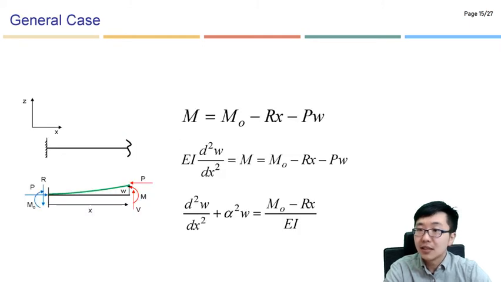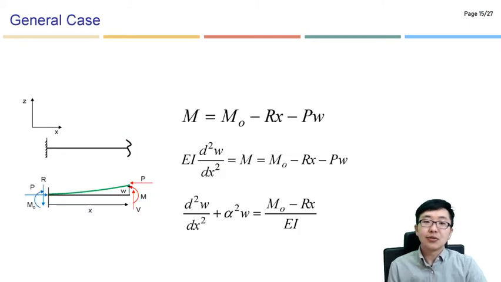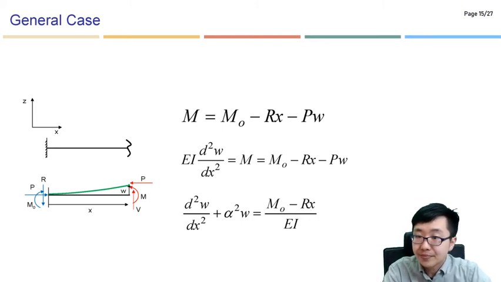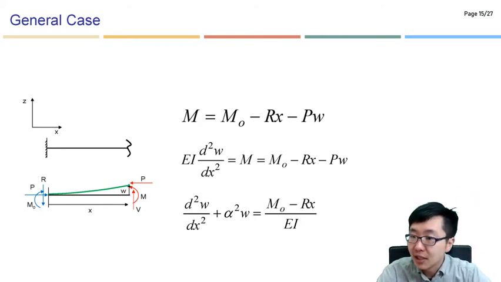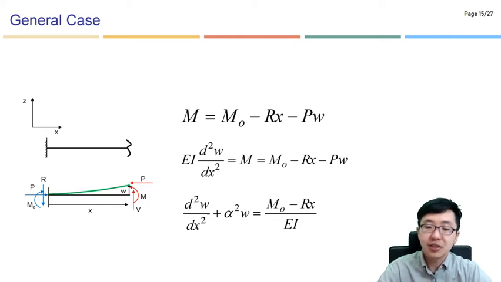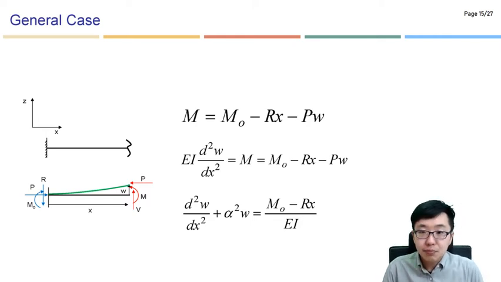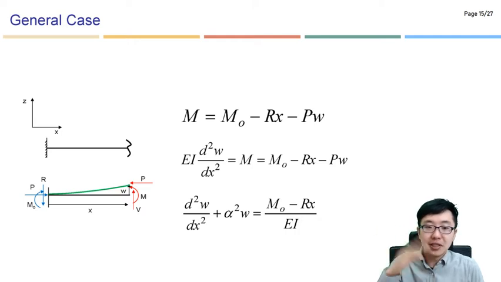And then let us try to generalize it. What I mean is, look at this boundary condition. This is a fixed condition or the clamped condition. Because with simply supported boundary condition, we don't experience any type of moment.